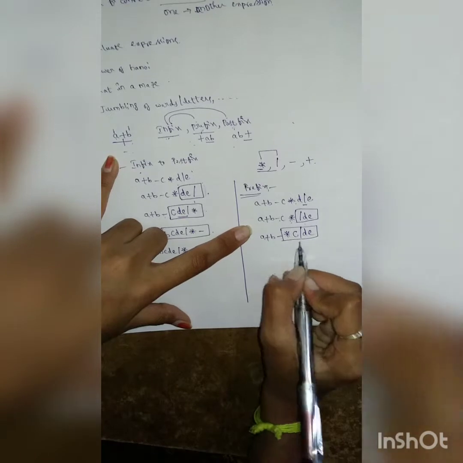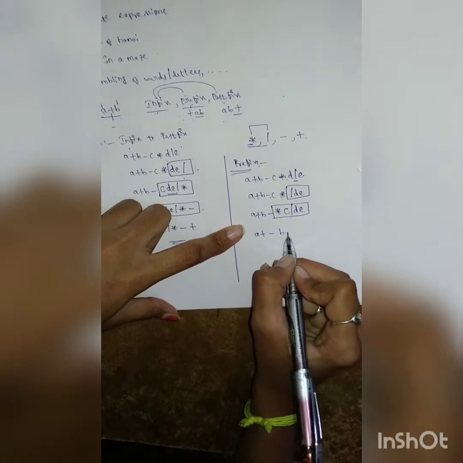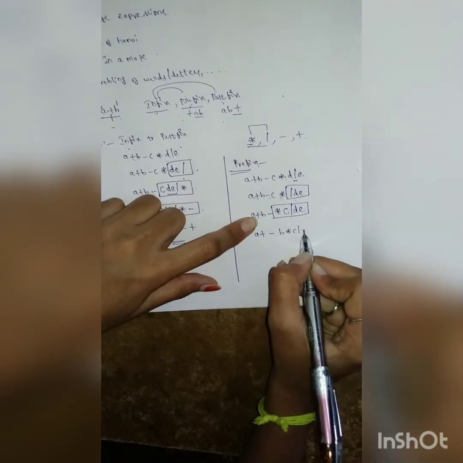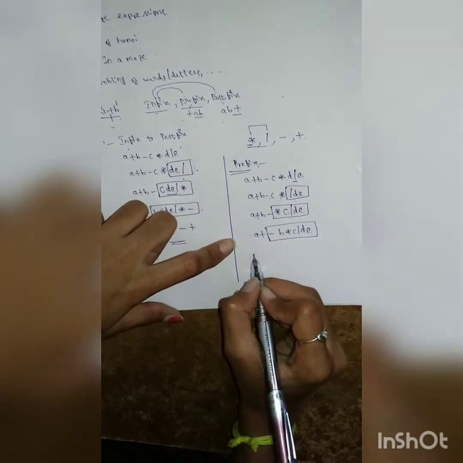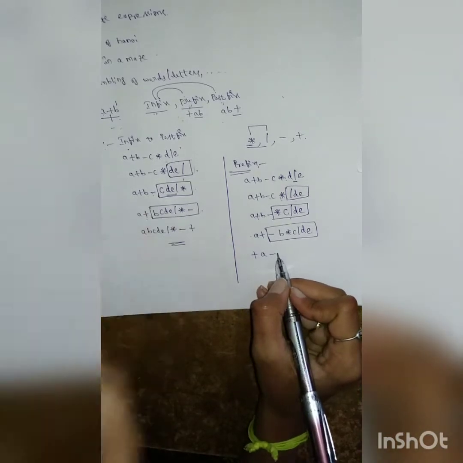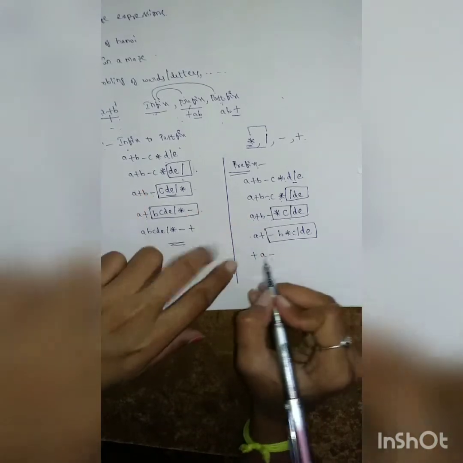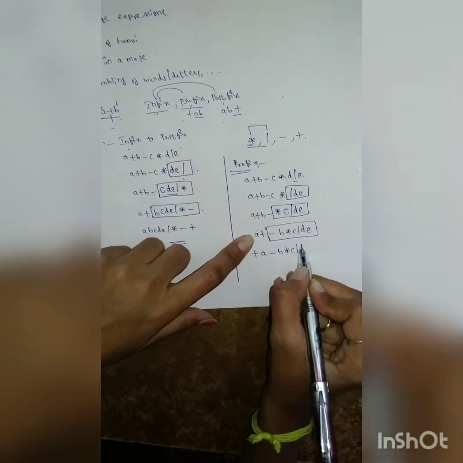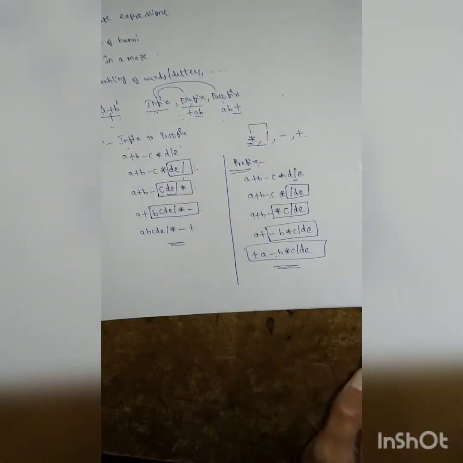We consider this whole as one. Now the minus comes here, so minus b star c slash d e. Now we consider this as one, and this plus should come here. So plus a minus b into c slash d e. This is the final expression converted into prefix.